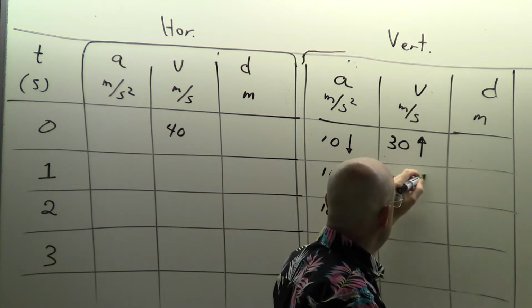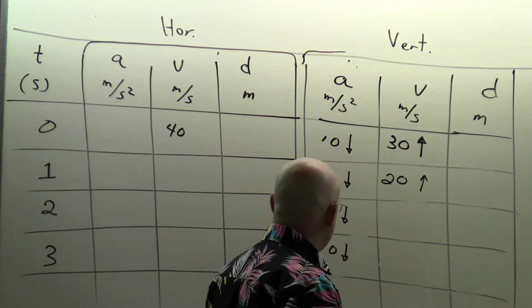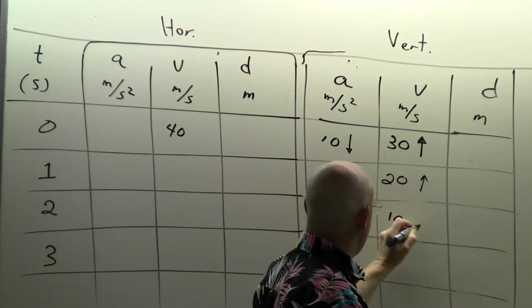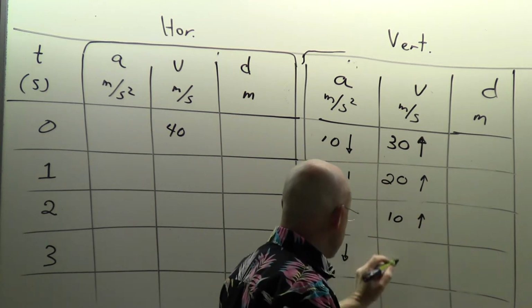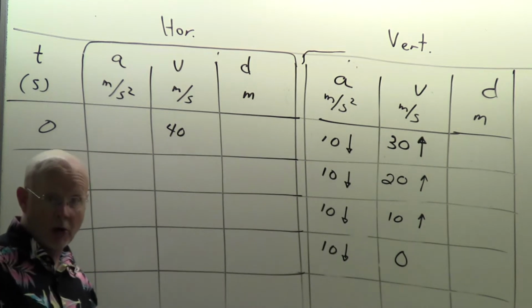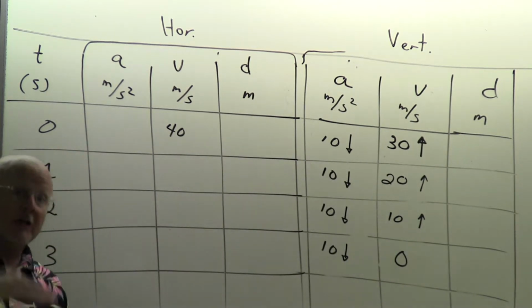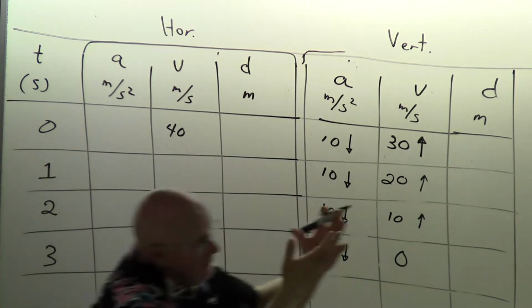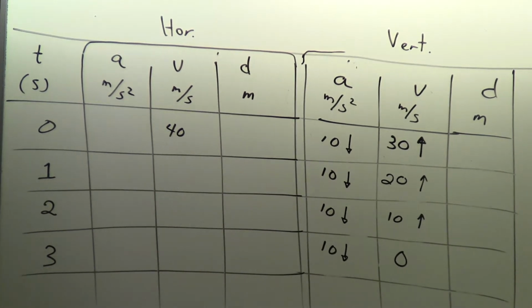So 1 second later, it's going 20. A second after that, it's now going 10. And a second after that, it is now going 0. What that means is vertically it has come to a stop. Up here on the diagram, this would be its highest point.